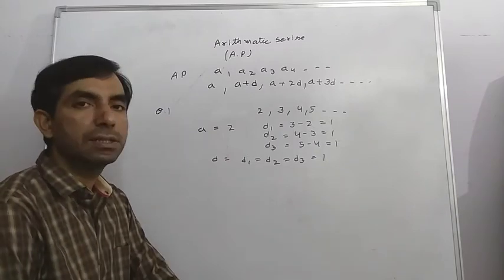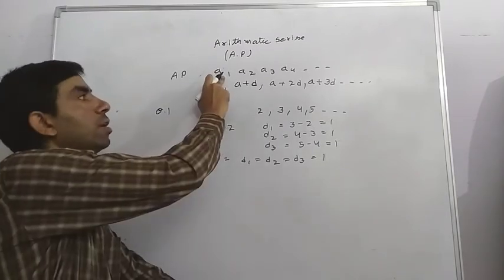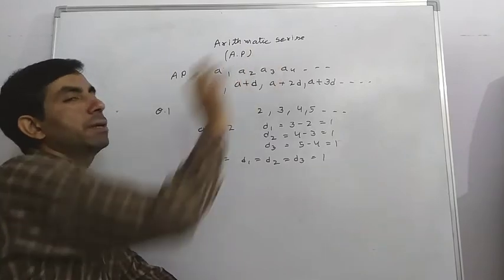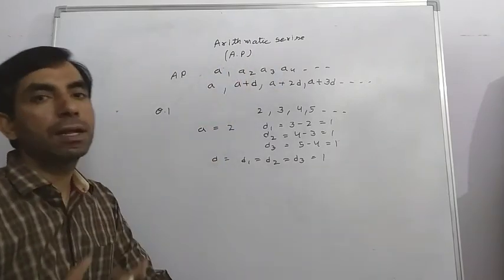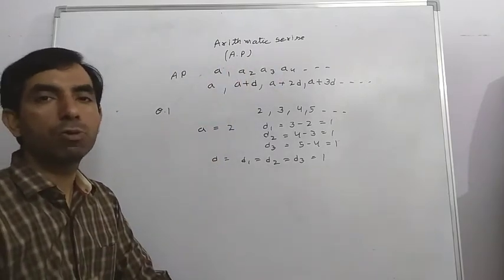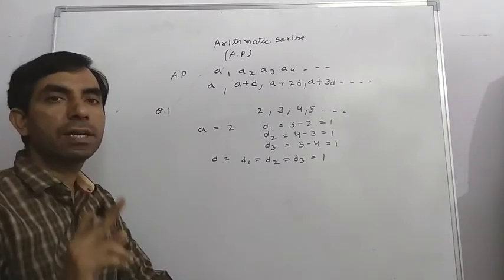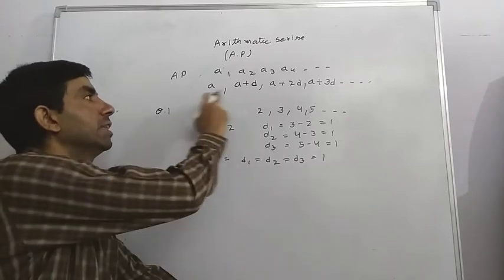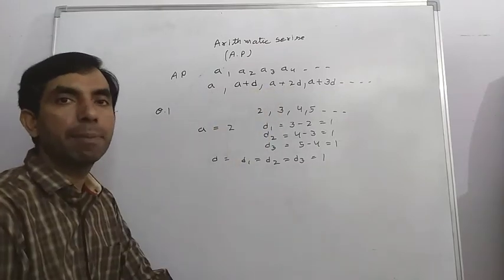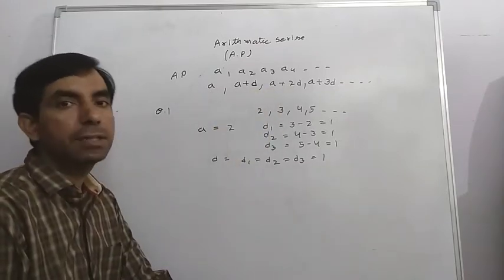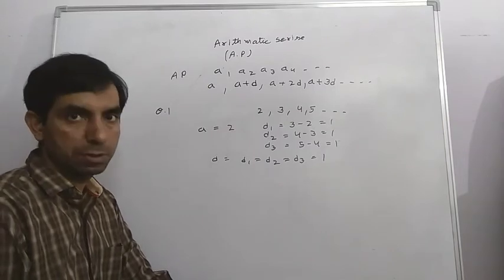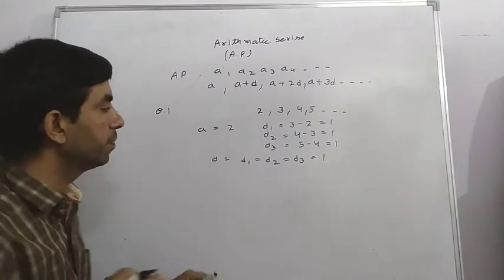In an AP series each term is represented in a simple way as A1, A2, A3, A4 and so on, and each term can be represented as A, A plus D, A plus 2D, A plus 3D. By this method we can calculate each term simply.